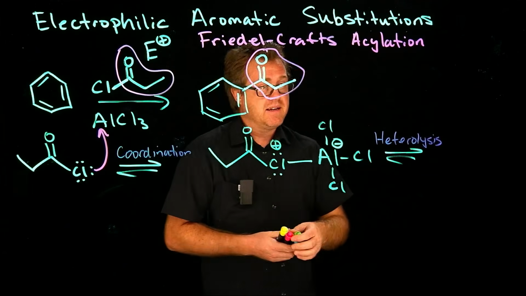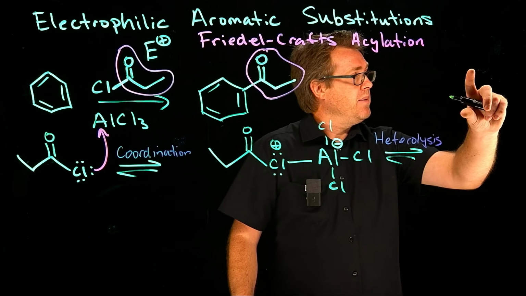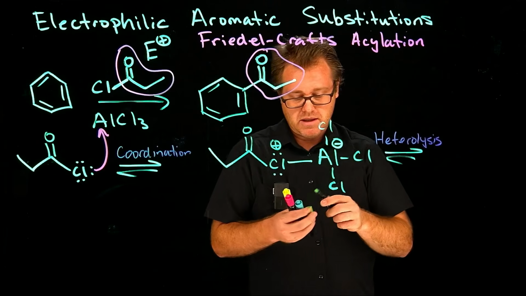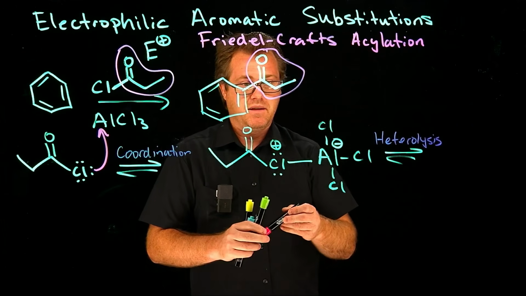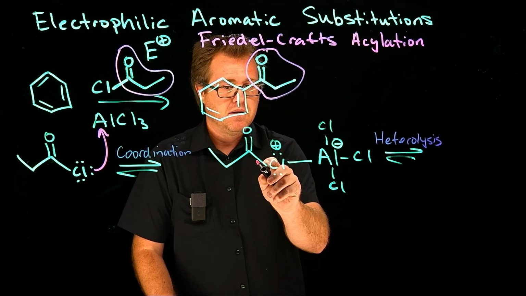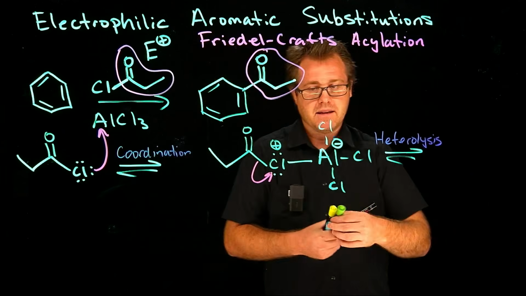And I didn't leave myself enough board space, did I? Well, squeeze it up here. So what the heterolysis step is going to look like is like what we've seen time and time again. This is going to pop off like that.